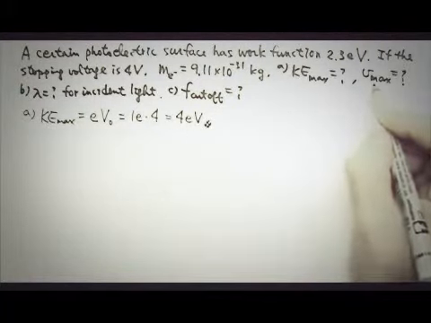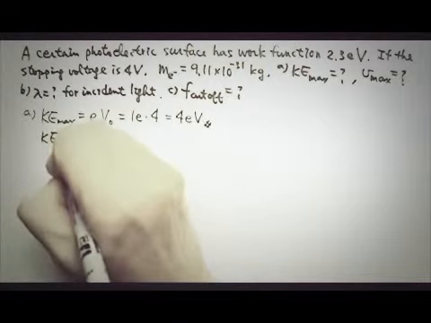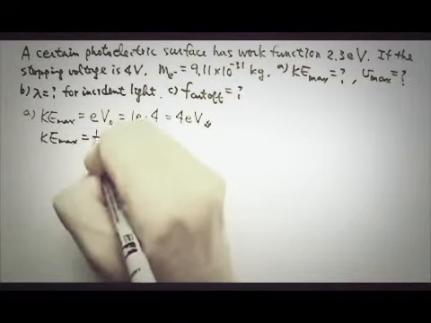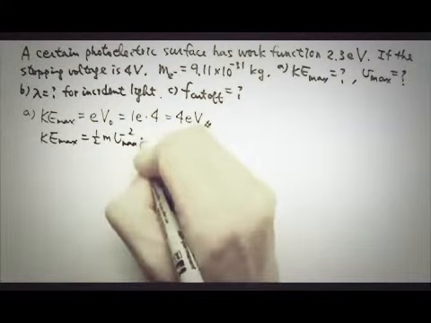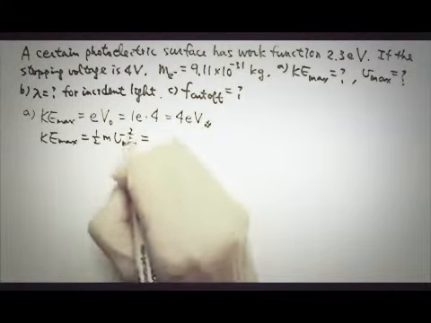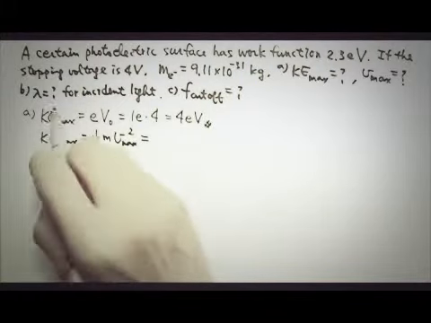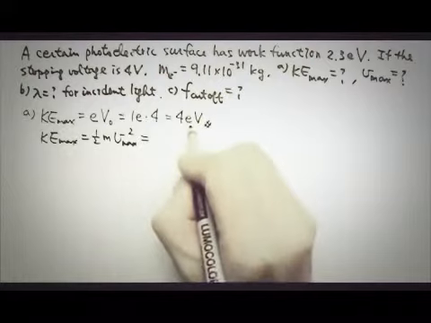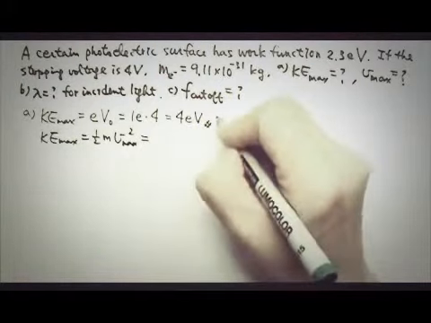And then we want to find the speed. That means I have to use the maximum kinetic energy equals 1/2 m times v max squared. Now, if I want my speed to be in the standard unit, I will need my maximum kinetic energy to be in standard units instead of electron volts, which is not the standard unit.